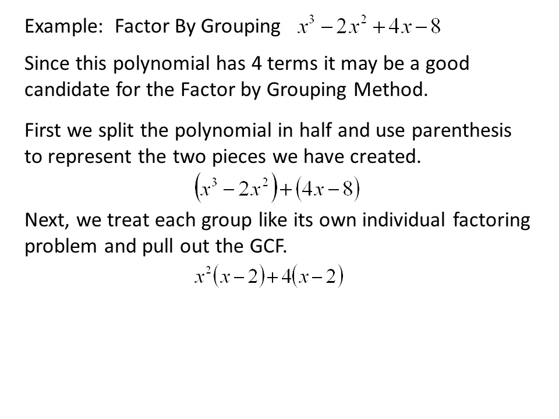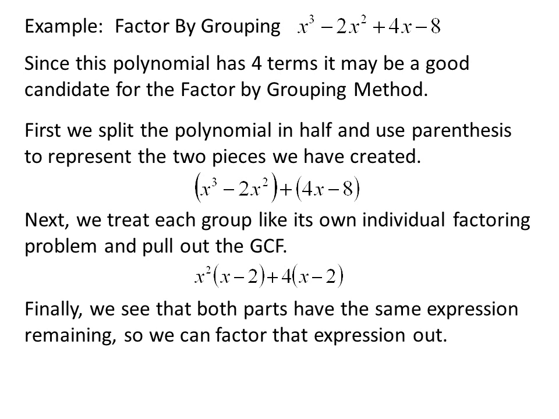And notice that in both of those separate factorings, x minus 2 is left in both of them, and we need those two pieces to match in order for this to work. Since both of those pieces have an x minus 2, we can factor the x minus 2 out last to get our final answer, which is x minus 2 times x squared plus 4.